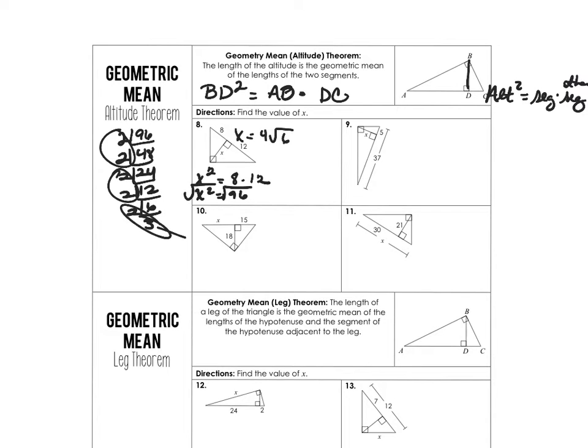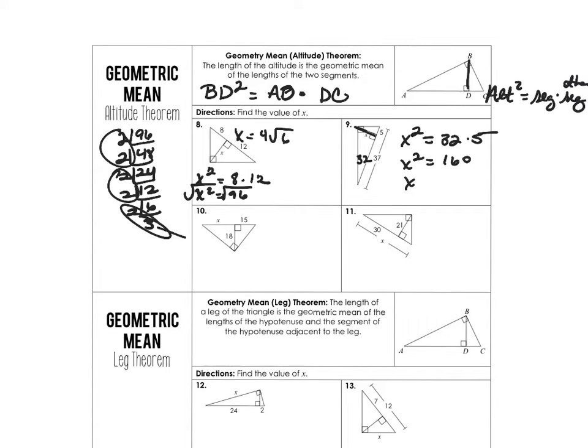The next one, we're looking for the altitude again, but we know the whole hypotenuse, so we need the other segment, which is 37 minus 5, which is 32. So x squared, which is our altitude, is the segment 32 times 5. 32 times 5 is 160.